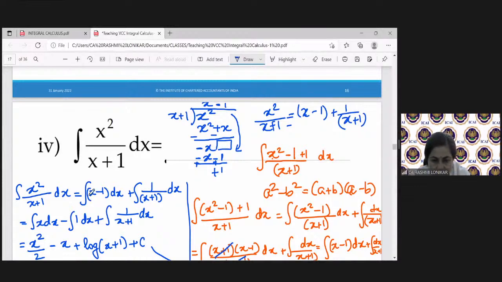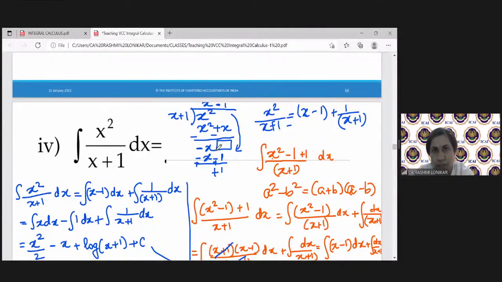And that is why, when I am integrating, I have integration of x minus 1 dx plus integration of 1 upon x plus 1 dx. Okay, it is just for your understanding that I had written it. There is actually no minus 1 over there, it is plus 1. I just wanted to tell you when there is nothing, it is 0 plus 1.